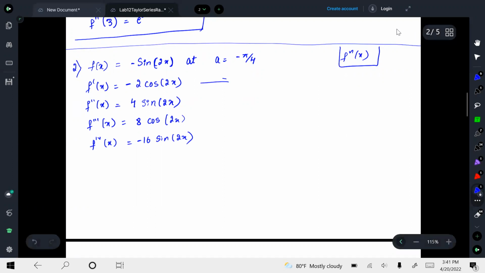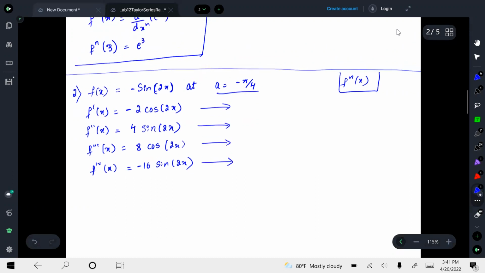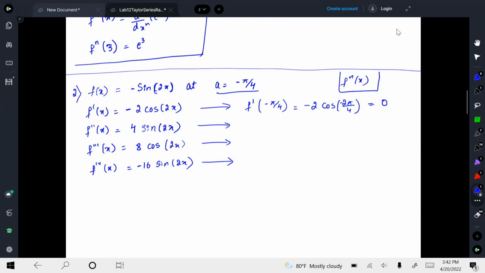Now, if you find values at a point a equal to negative pi by 4, then we get f prime of negative pi by 4 will be equal to negative 2 times cos of negative 2 pi by 4. So this is nothing but 0. So if you do that for f double prime at negative pi by 4, you get 0.